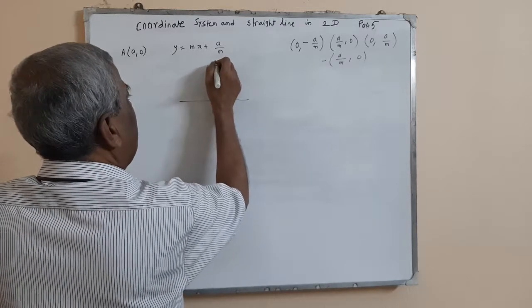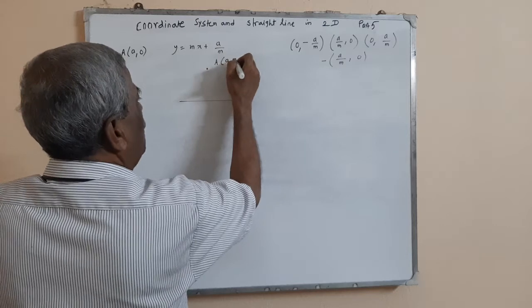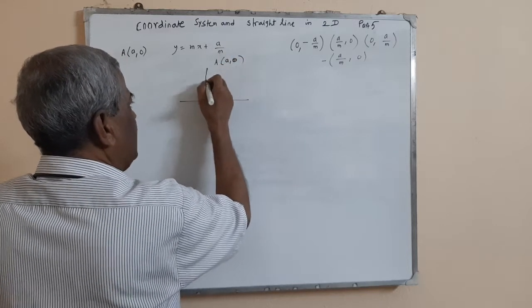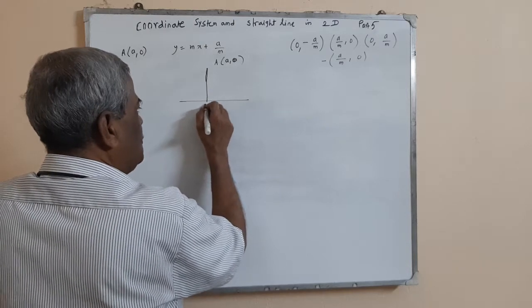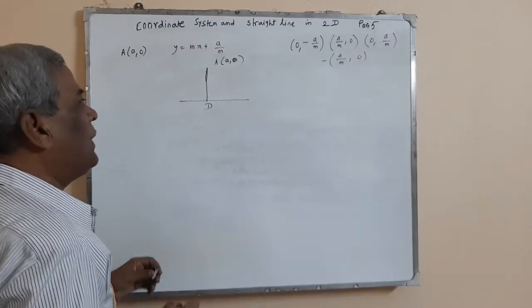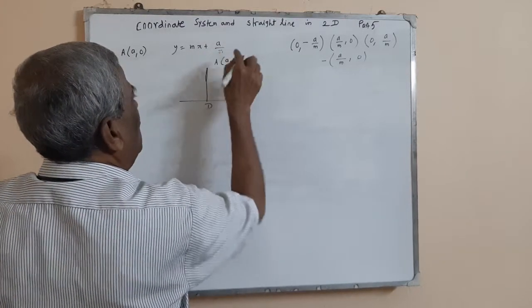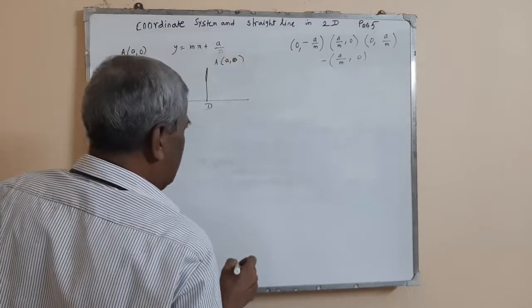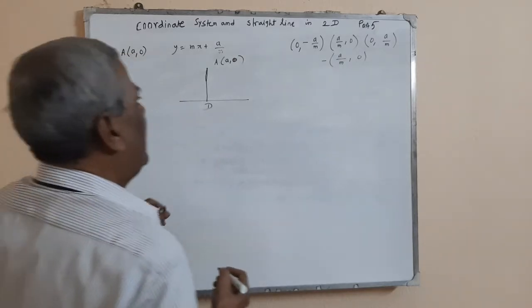So this point is A. One perpendicular is drawn from this to that, say this is D. D is the foot of perpendicular from A to that straight line y = mx + a/m. We have to find the coordinate of D.